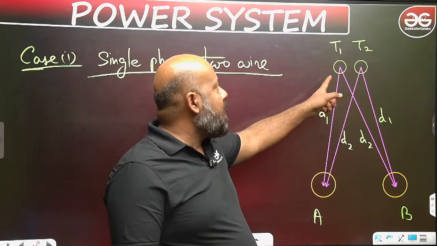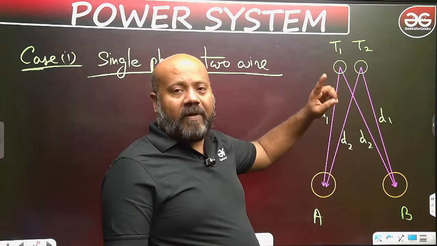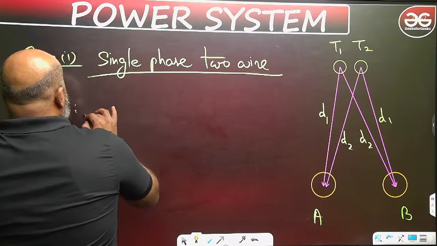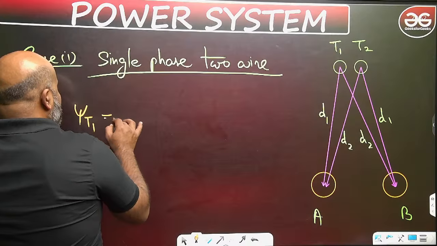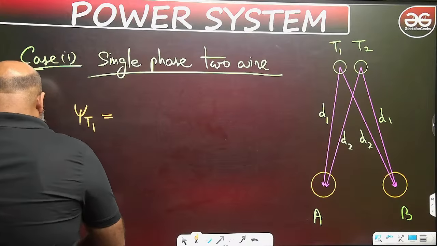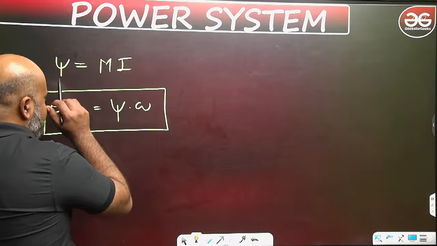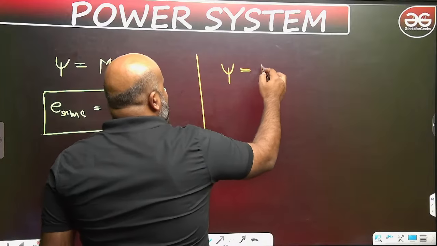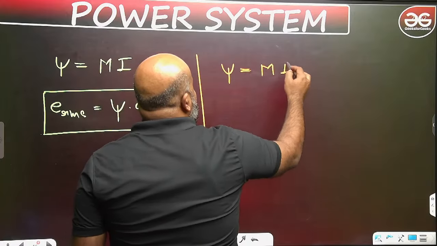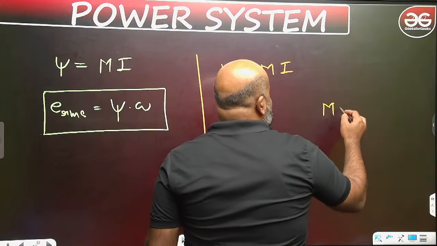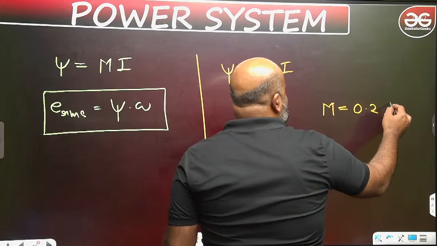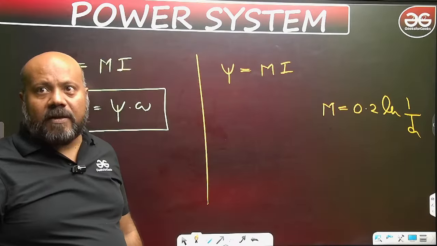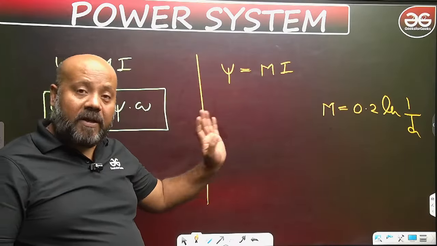So first I will calculate the flux linking with T1, then the flux linking with T2, then I will see the difference. So flux linking with T1, how am I going to write it? Just see it very carefully. When you write flux linking as M into I, sir, what is M? M is 0.2 ln 1 upon D, D is the distance, just as we have seen in the case of inductance.